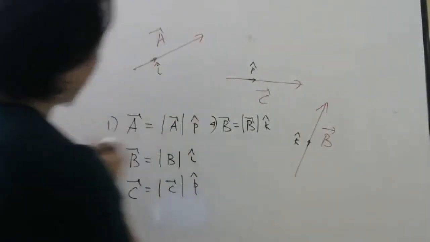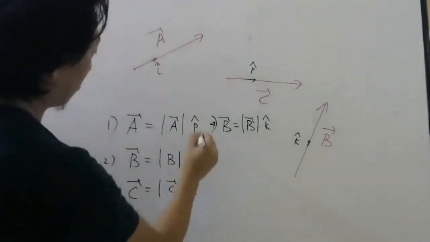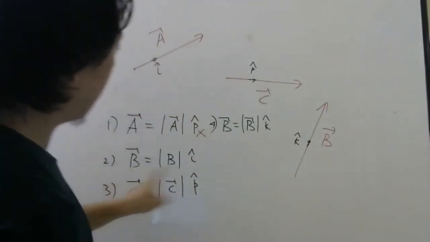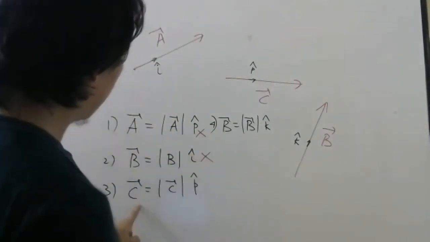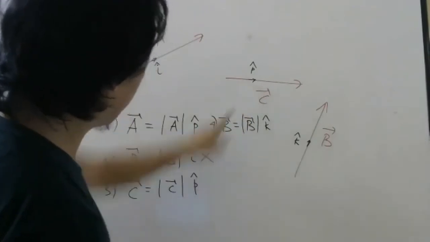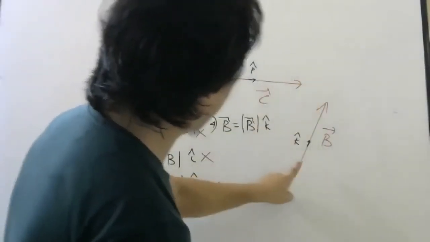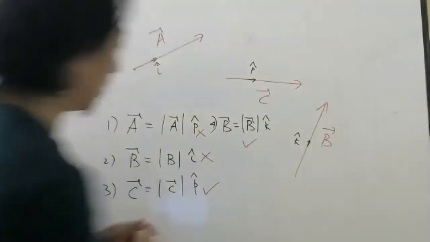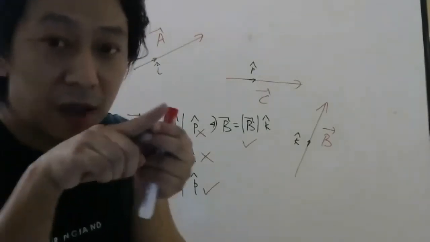So please remember the unit vector and the vector should be in the same direction. So this is wrong. B bar is here, but I cap is here. This is wrong. C bar is here. P cap is also there. It is correct. B bar is here. K cap is also here. It is correct.